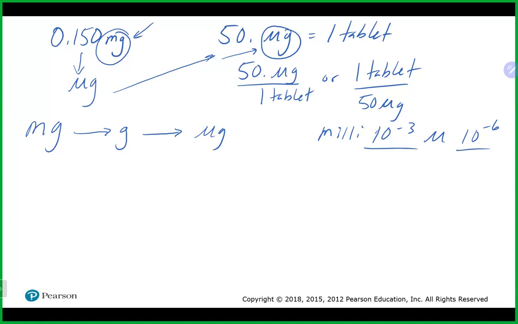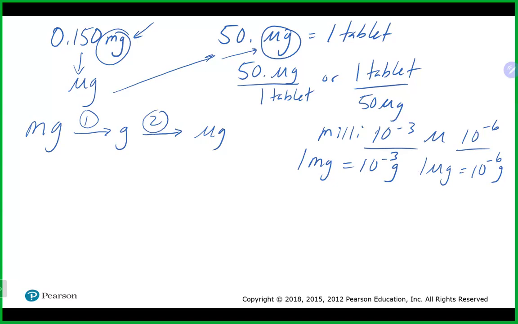It's a good question, but they mean in this case, in 1 milligram, I would have 10 to the minus 3 grams, which we could use as our equality to go from milligrams to grams. That would take us step 1 here. Step 2, we could then use the other one, which means in 1 microgram, there is 10 to the minus 6 grams, and that's what's going to allow us to get over to the last spot that we need. So I'm going to do that first.